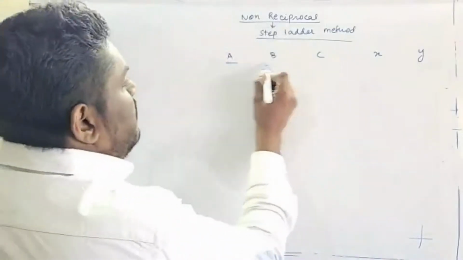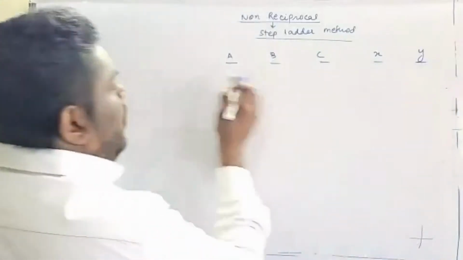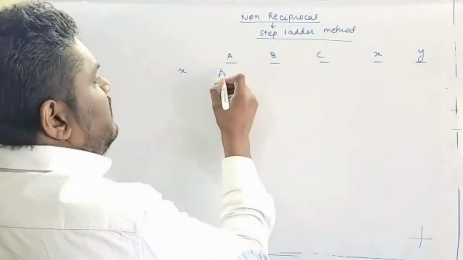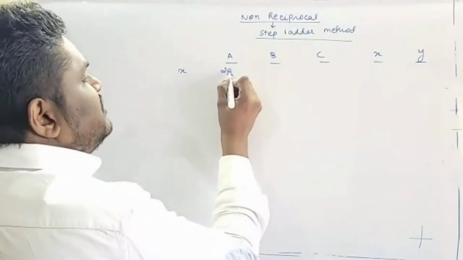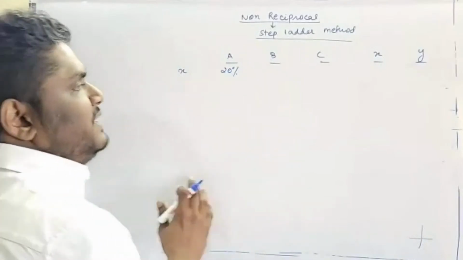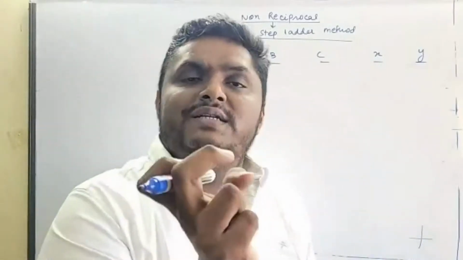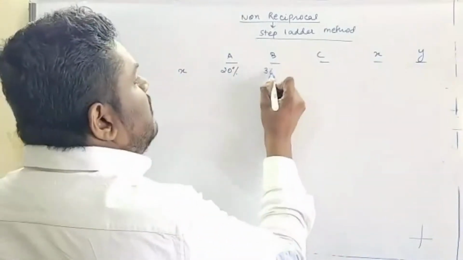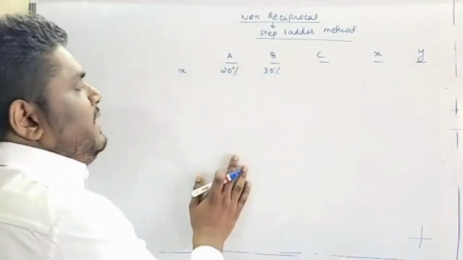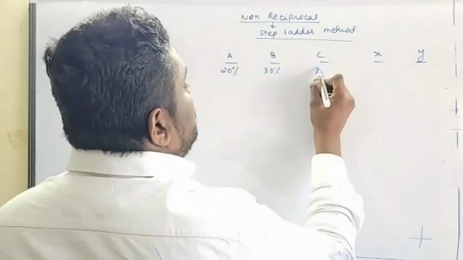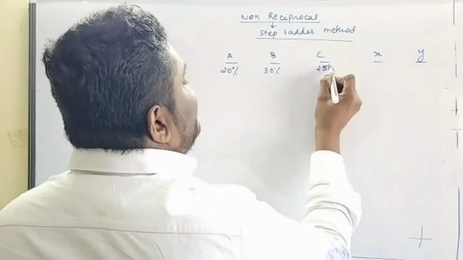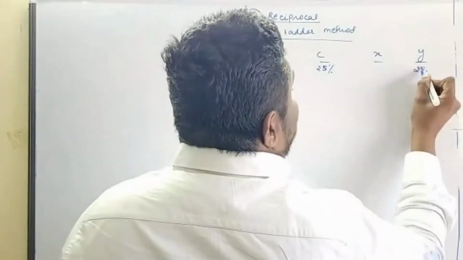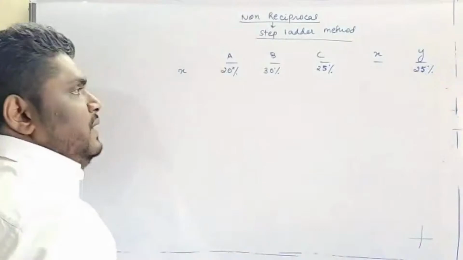So let's say, when talking about X, the overheads of the X department are to be apportioned to production department A at the rate of 20%. It means 20% of the overheads are to be apportioned to production department A, 30% to production department B, 25% to production department C, and 25% to be distributed to service department Y.